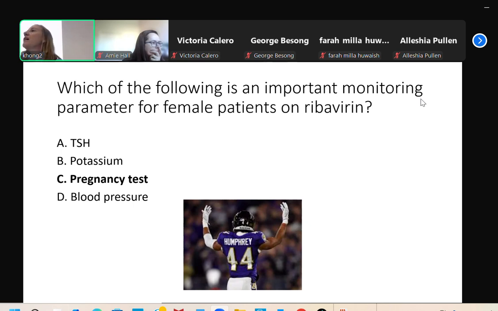What's the other big toxicity? Yeah, anemia. And when would we typically see the use of this antiviral? Yeah, with complicated, likely previously treated patients. It's an add-on. It's not a standard, first line regimen.